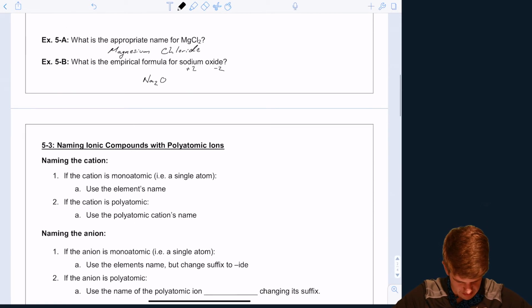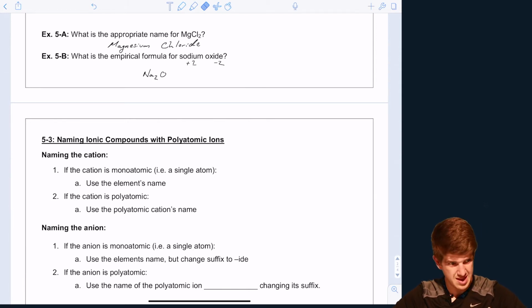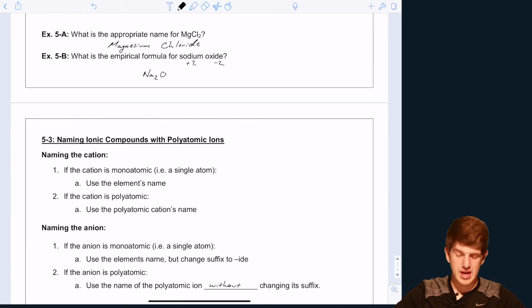Naming the anion, we change the element's name to end with ide instead of whatever the suffix originally was. And if it's polyatomic, use the name of the polyatomic ion, so don't change the name of the polyatomic ion if it is an anion. So bromine becomes bromide, but some of the polyatomics that you'll see don't change the name. If a polyatomic ion is chlorate, it'll still be chlorate.